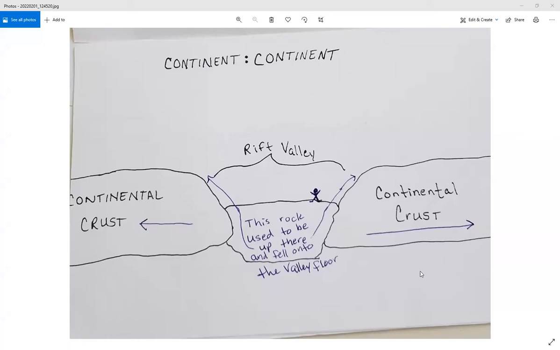This rock used to be up there, and it fell and made the valley floor. And so this is what continent to continent divergence looks like. Make sure you draw your arrows so that you can remember which way the crust is moving. And the biggest effect are the rift valleys.